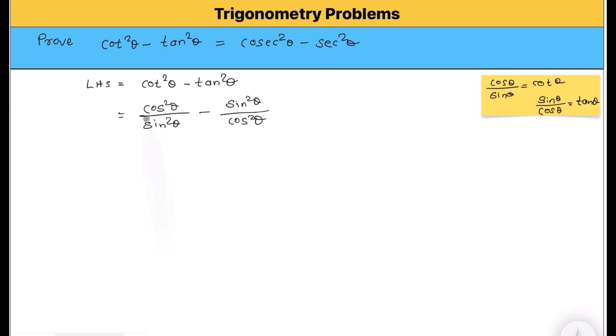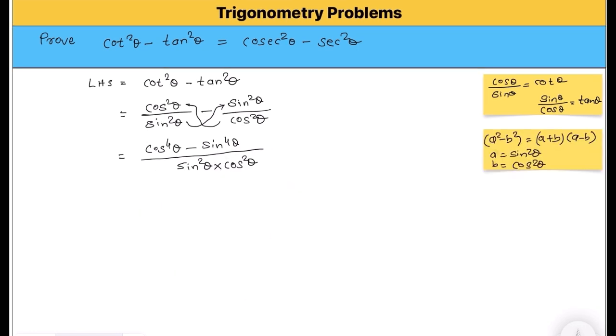We get cos square theta upon sin square theta minus sin square theta upon cos square theta. For doing subtraction, let's cross multiply. We get cos square theta into cos square theta, which is cos raised to 4 theta, minus sin square theta into sin square theta, which is sin raised to 4 theta, upon sin square theta into cos square theta.